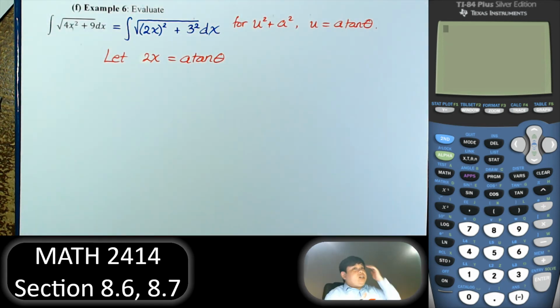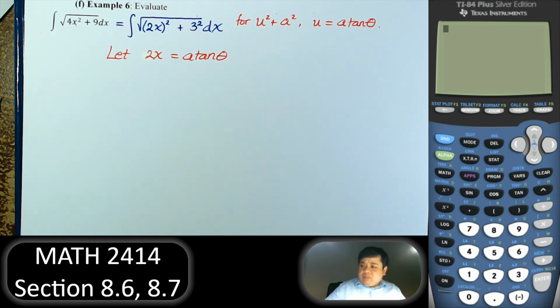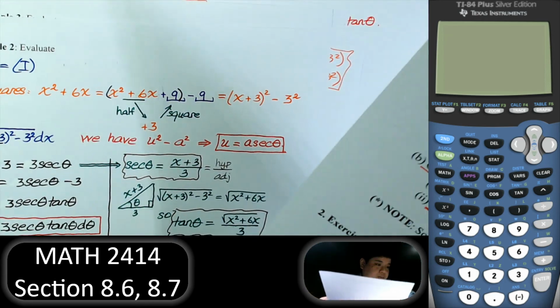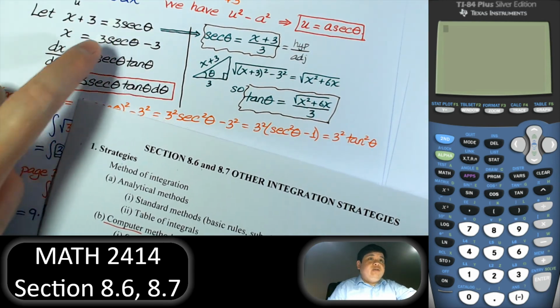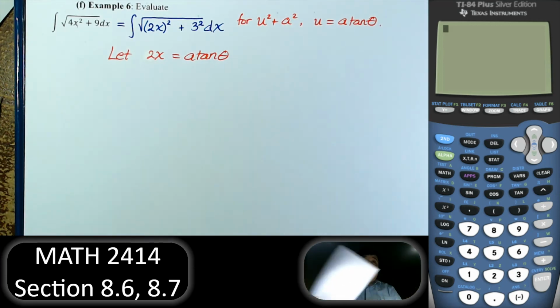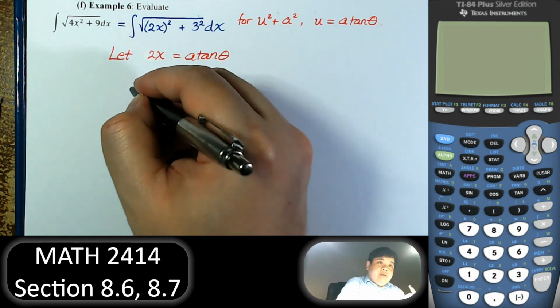So in these two sections, what we actually do in the trig substitution, we don't just let x equal something, we could let 2x equal something, and earlier we let x plus 3 equal the trig function. That's perfectly fine though. It's not always x. It could be something a little more complicated. Right, and then the rest will be similar.